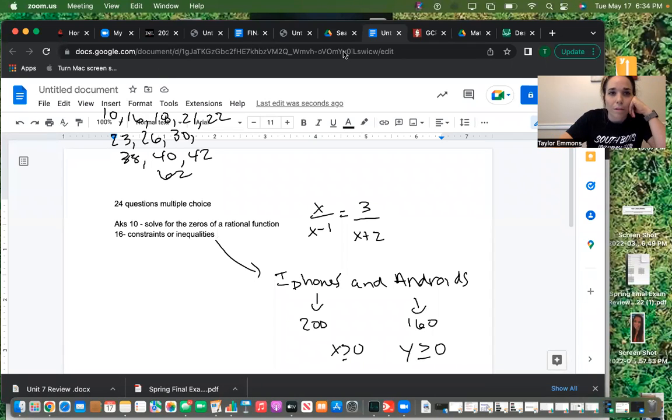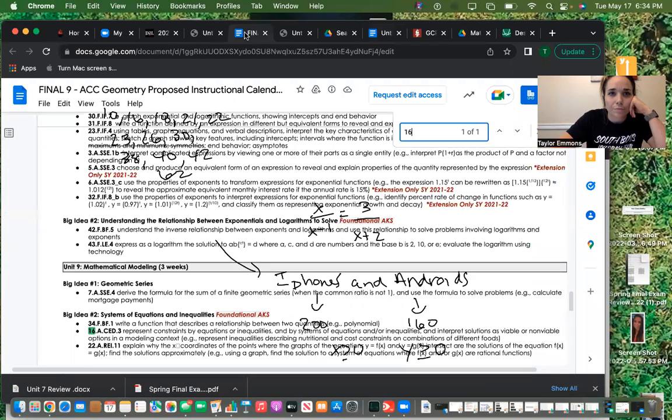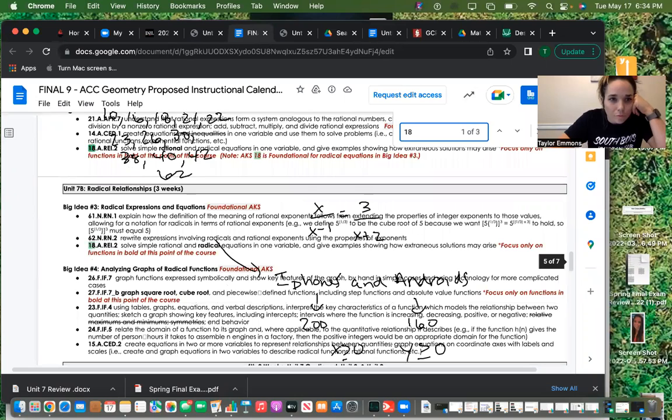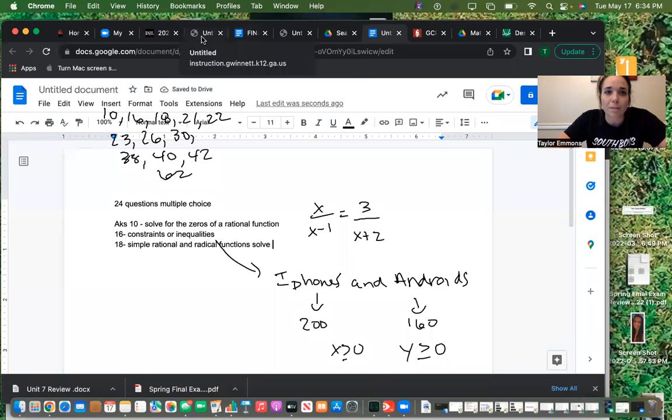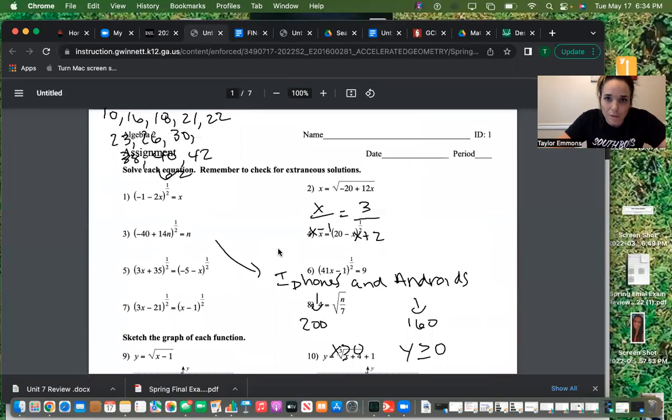Okay, let me look at the other one, 18. 18 is solving simple rational and radical equations in one variable. So let me type that up. Examples of that one are going to be something like what's on this paper.